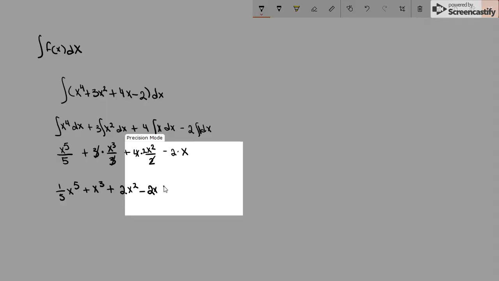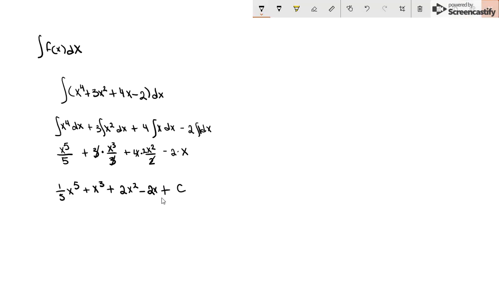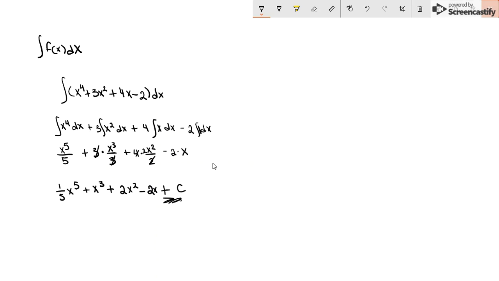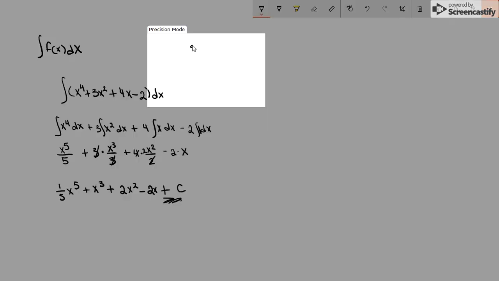Always write plus c. So what's the significance of this plus c right here? Pretty much when you take the derivative of a function, like over here, let's say we took the derivative of this. So side note, let's do this on the side. All right. So let's say we took the derivative of that.